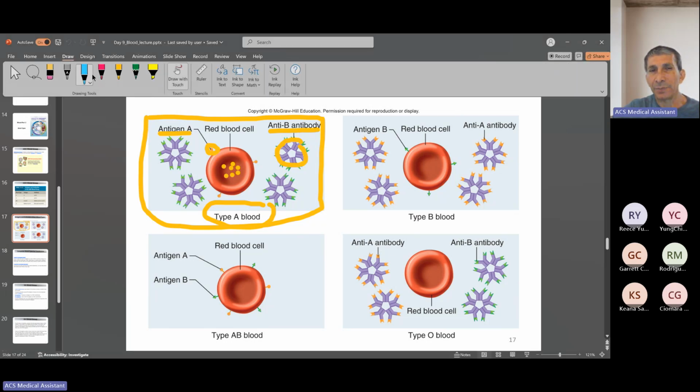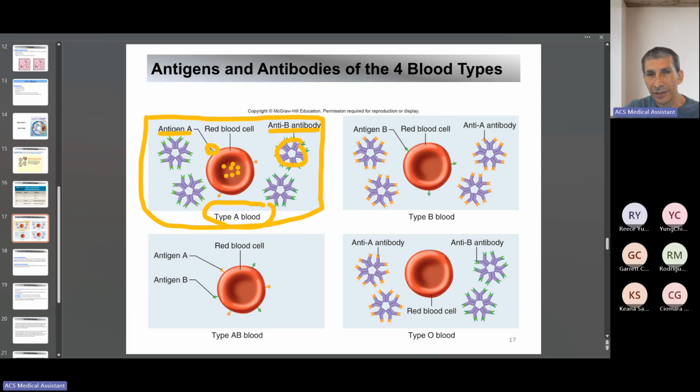If my type is A, then I will have right here on the surface of the cell the antigen A. But what do you say that we're going to have inside the cell? In the cytoplasm, we're going to have antibody B. These are the antibodies that are going to be inside. That makes my type to be A.